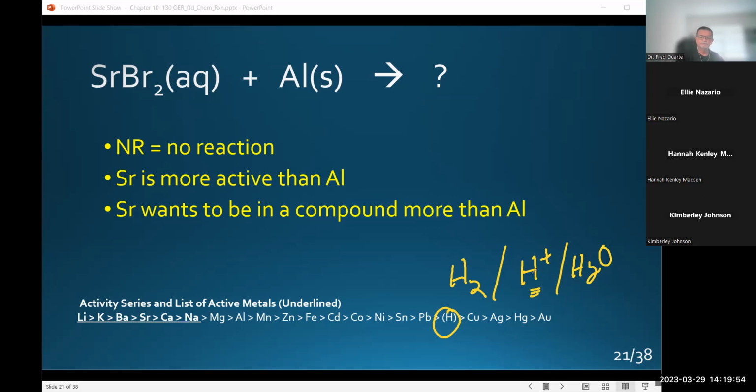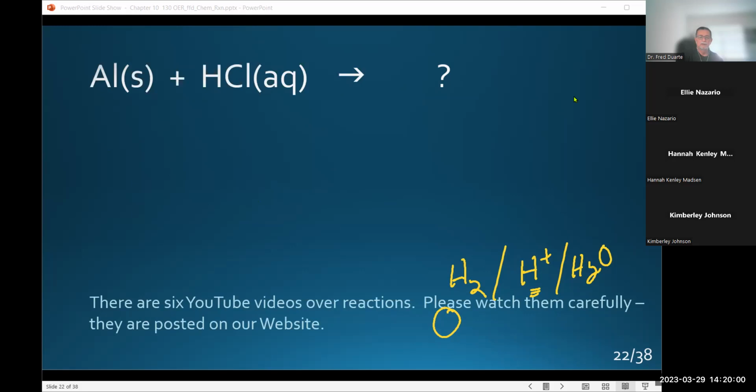So with that, we look at the next reaction, okay, which was aluminum and hydrochloric acid. So what we're comparing here is aluminum versus hydrogen, which is more reactive.